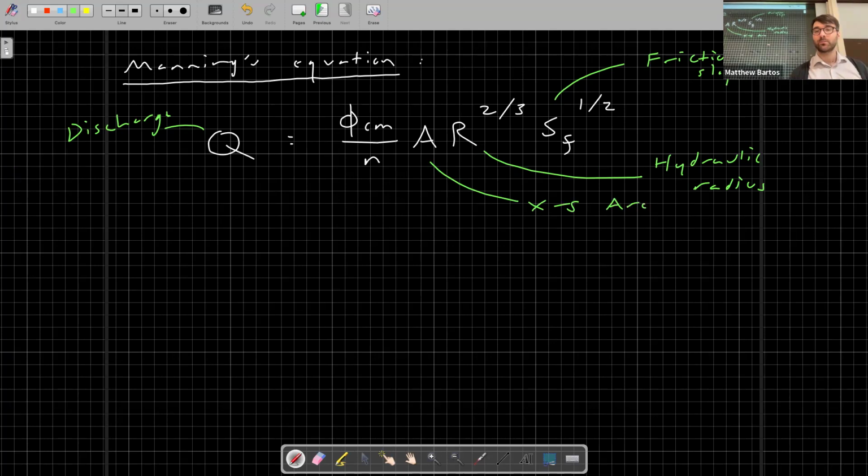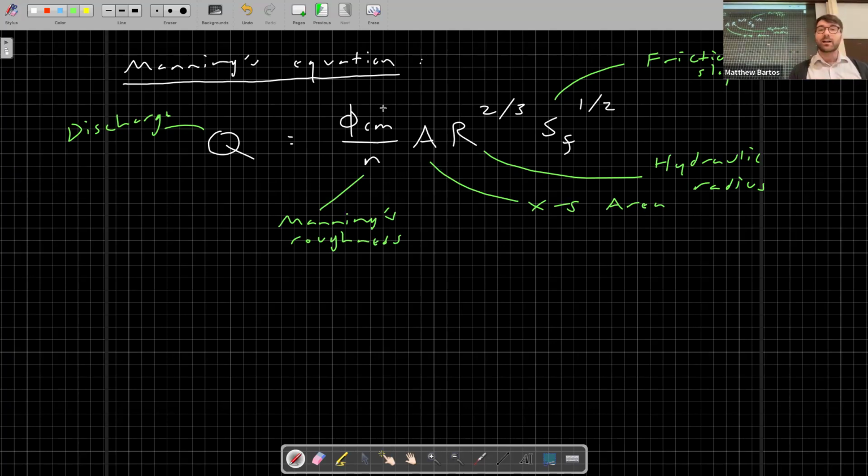And then we have two new parameters here. This n, as in November, is the Manning's roughness coefficient. This is something that you'll look up in a table, for instance, for different values of different materials.